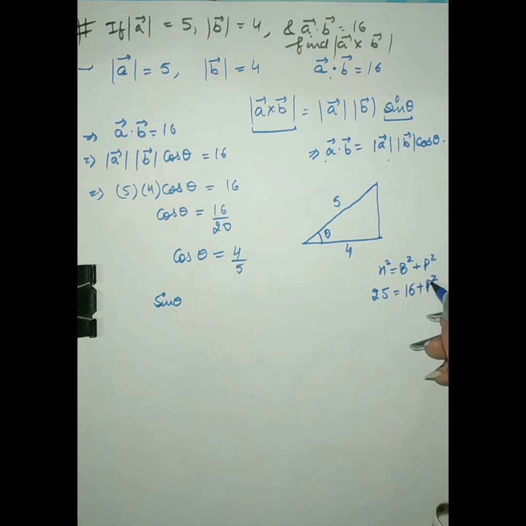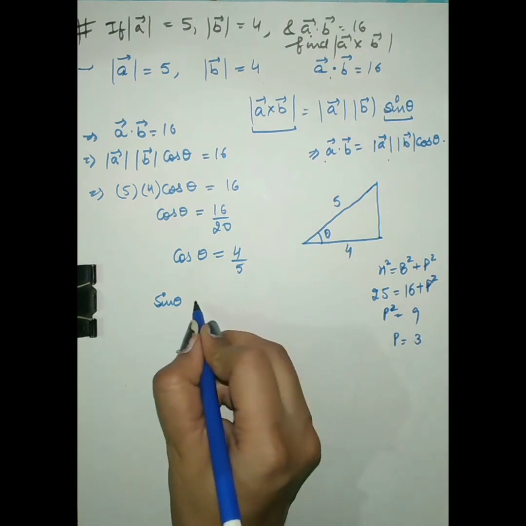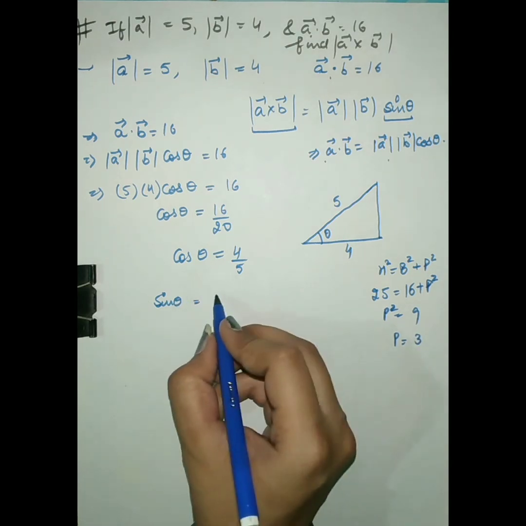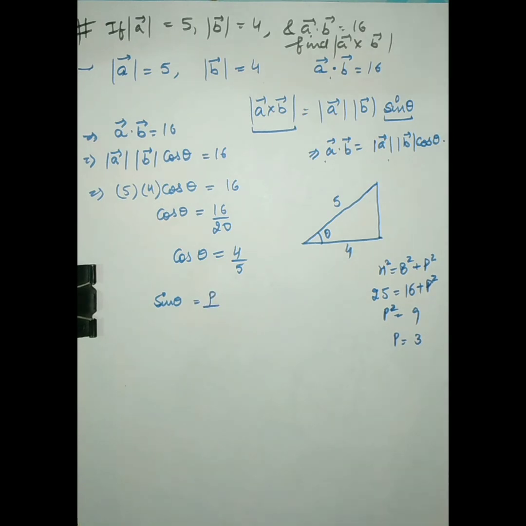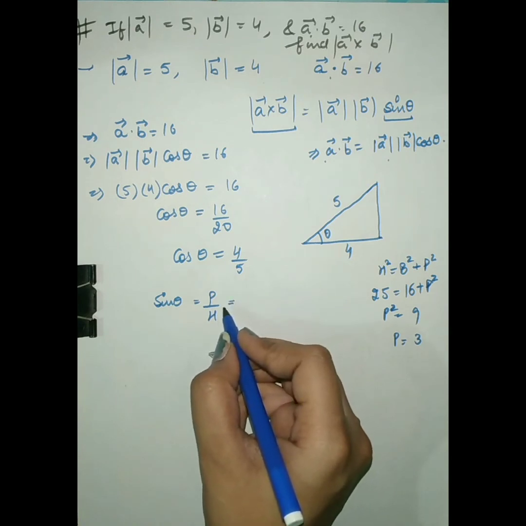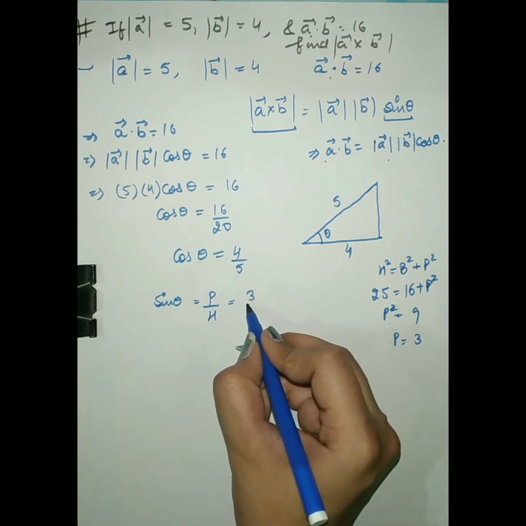So perpendicular square equals 25 minus 16, that means 9, and P will become 3. So we know that sin theta equals perpendicular upon hypotenuse. So this will become 3 upon 5.